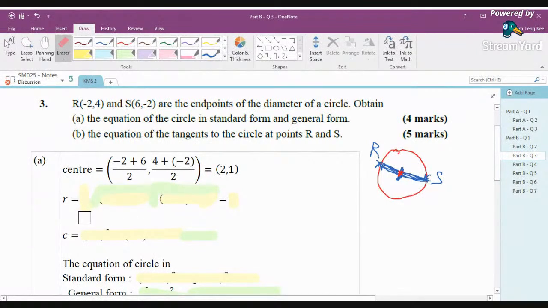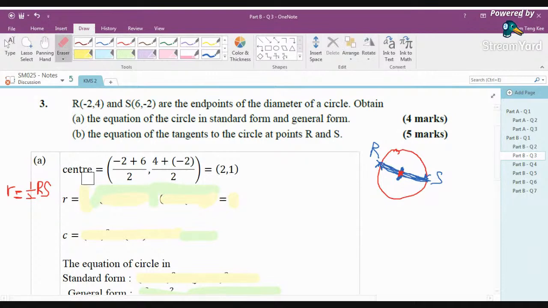For the radius, be aware, your radius is actually half the length of the line RS.